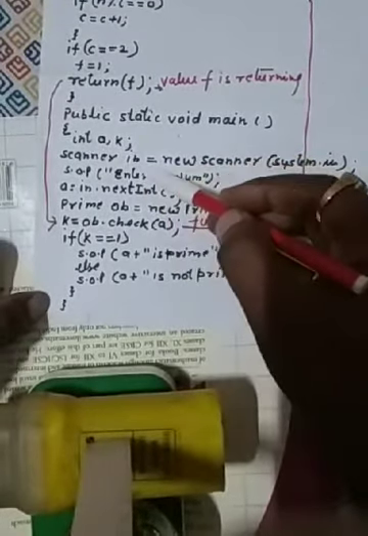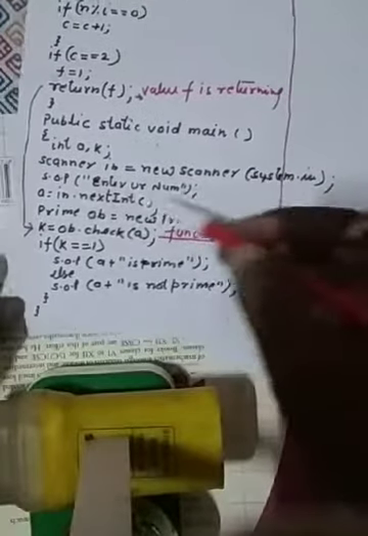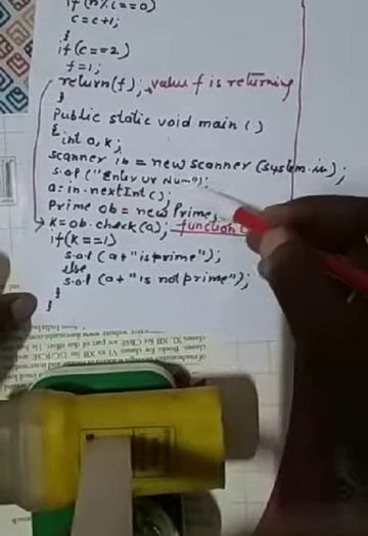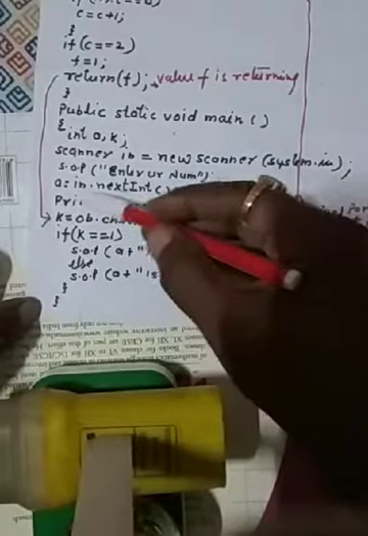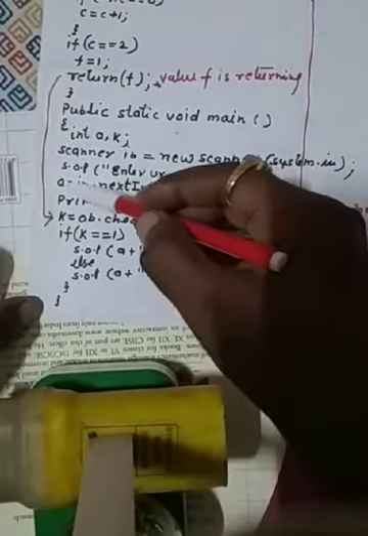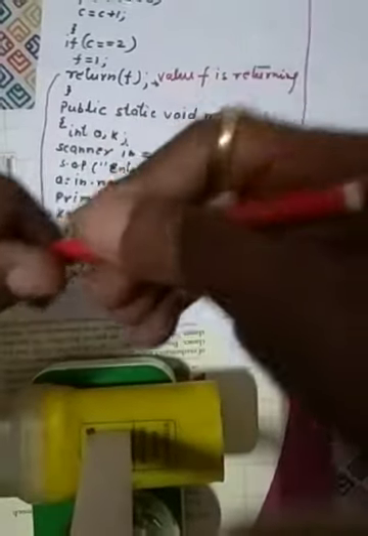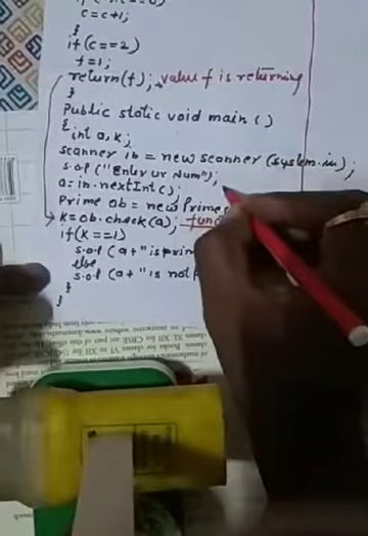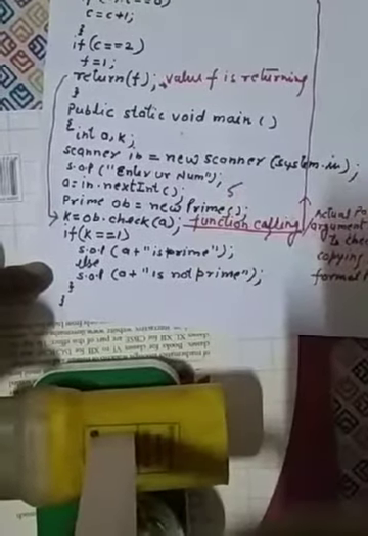For Scanner in = new Scanner(System.in), enter your number, a = in.nextInt(). The number will be inputted. Suppose that number is 5, the value of a is 5 over here. Please consider, we are taking an example.